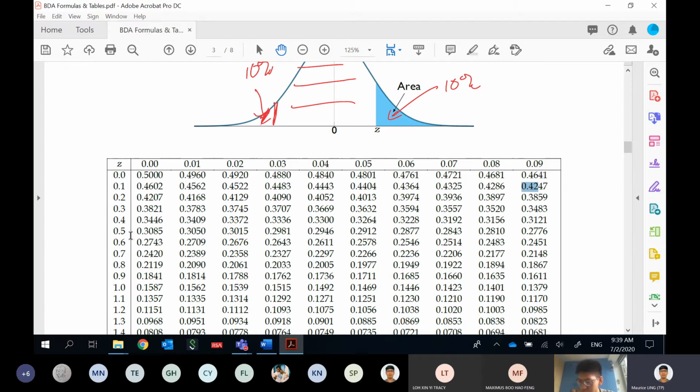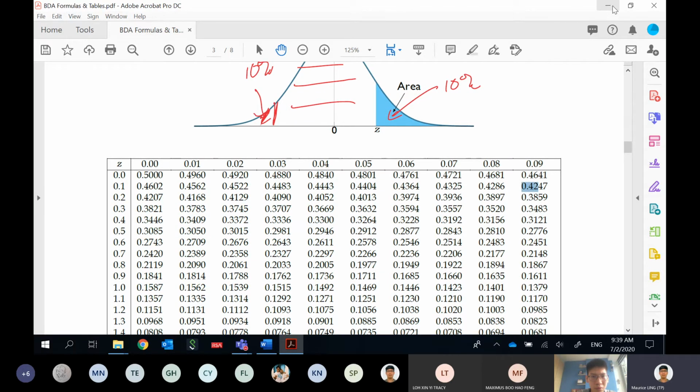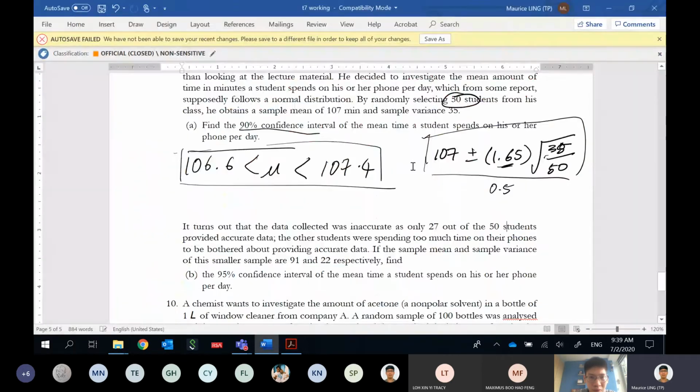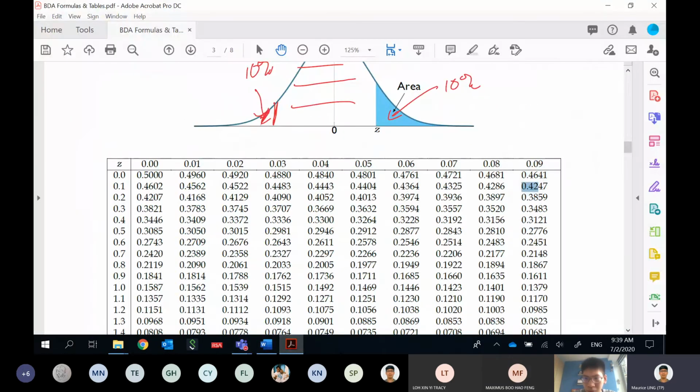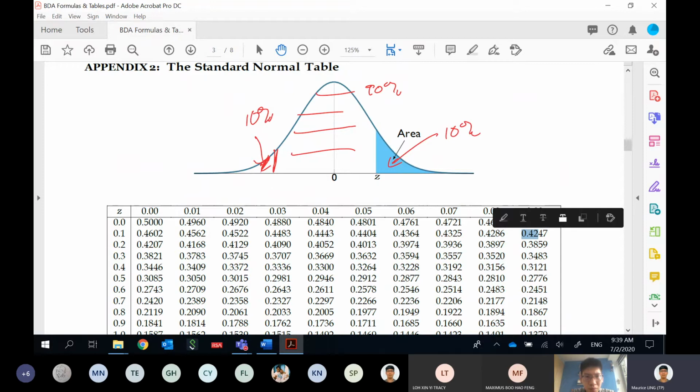You get 1.5. How do you get 0.5? Oh, no. So 10%, 90%. So 10% here, each side has to be 5%, because 5% on both sides add up to 10%.